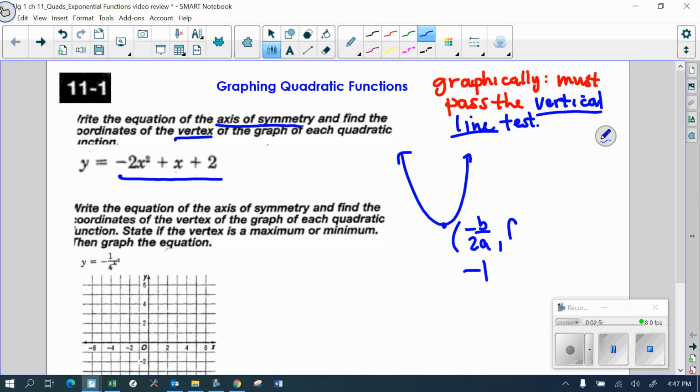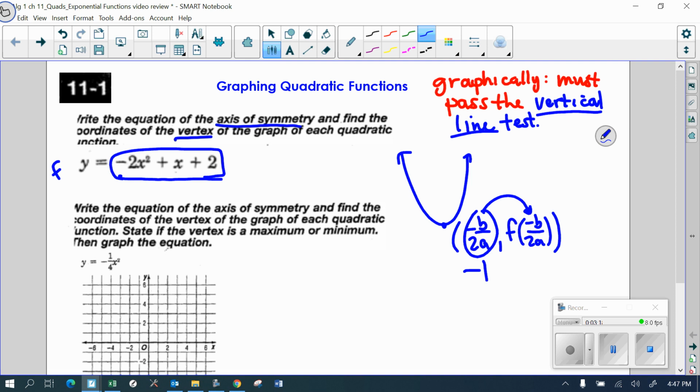So the way you write that is f of negative b over 2a. That means I am taking this x answer and plugging it into the function, which means plug it into all the x values over here, and I get a y value.